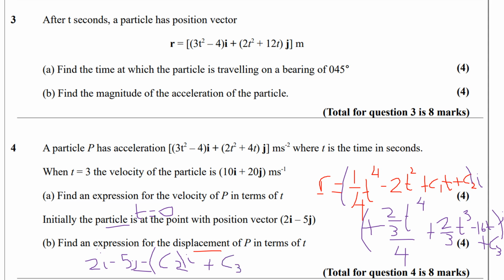It's much nicer now. So comparing coefficients, c2 is equal to 2, and c3 is equal to minus 5.